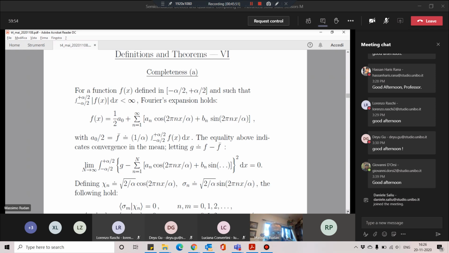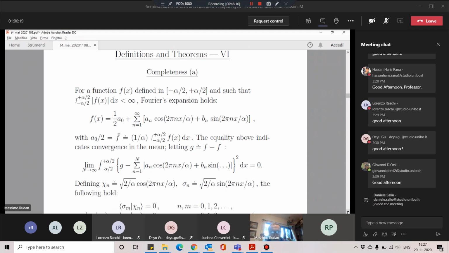It means that if, for simplicity, we eliminate the average, so instead of considering f, we consider g equal f minus the average, the convergence in the mean has the following meaning.